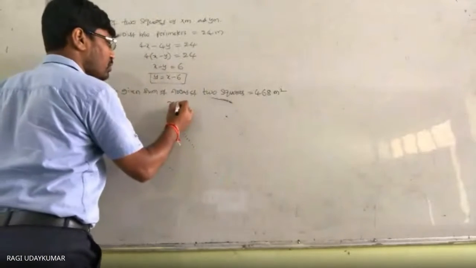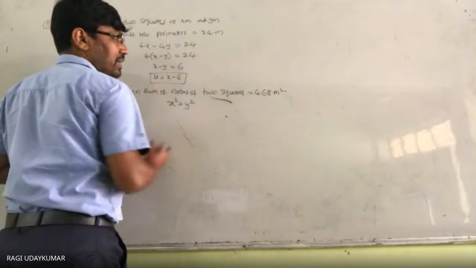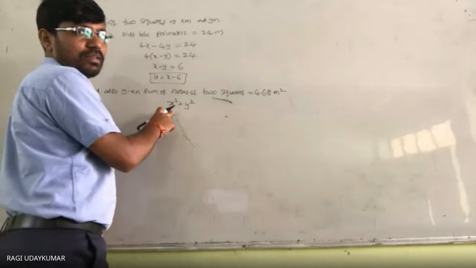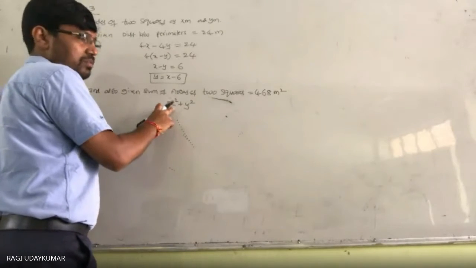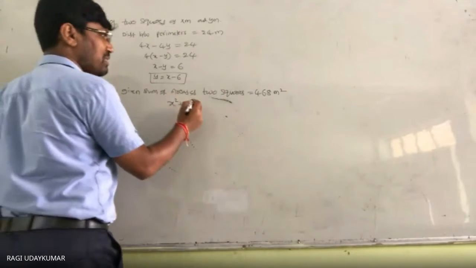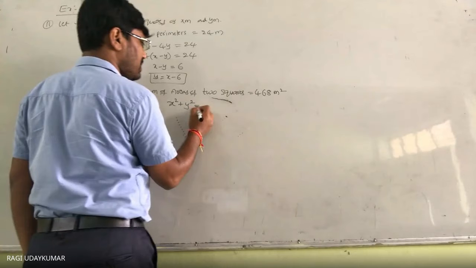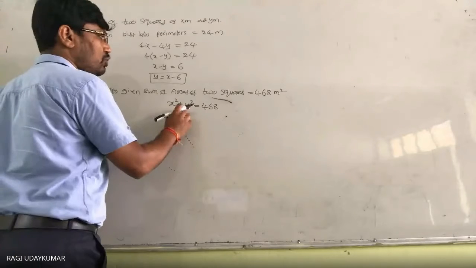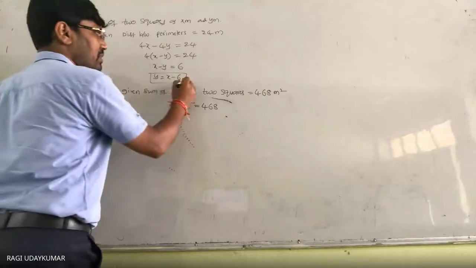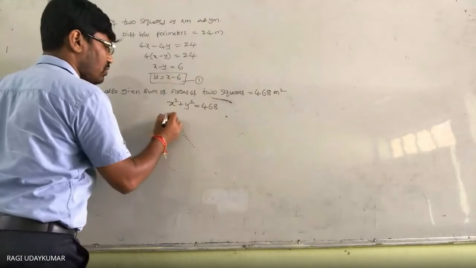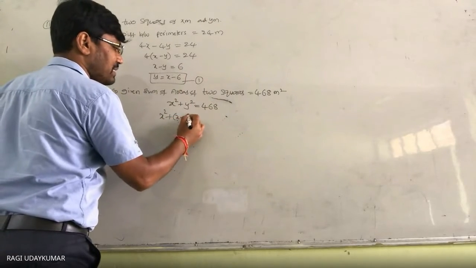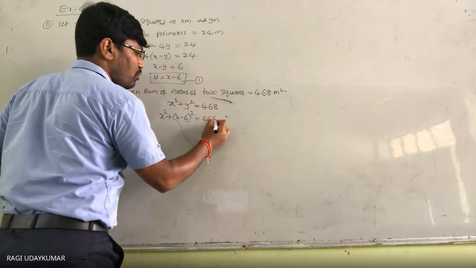So here x square plus y square; the area of the square formula is side into side, means side square. So x square plus y square is equal to 468. So y should be replaced by x minus 6. So x square plus (x minus 6) whole square is equal to 468.